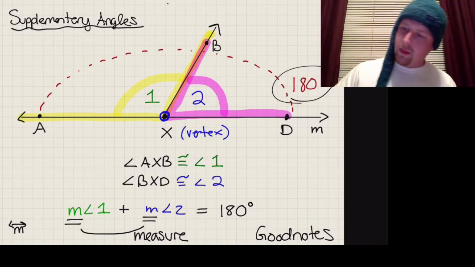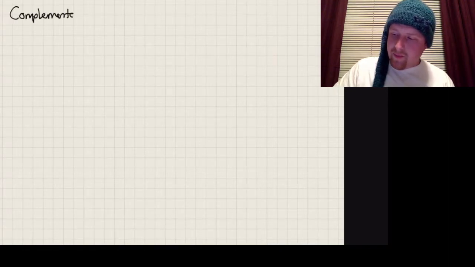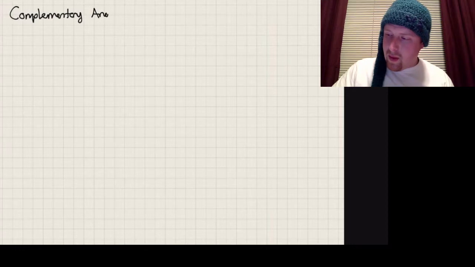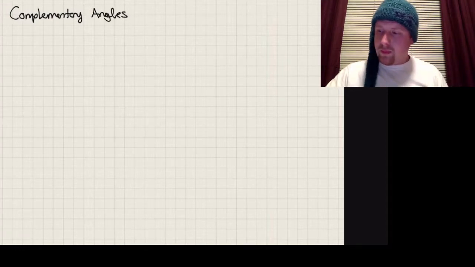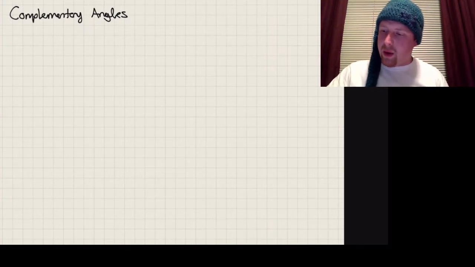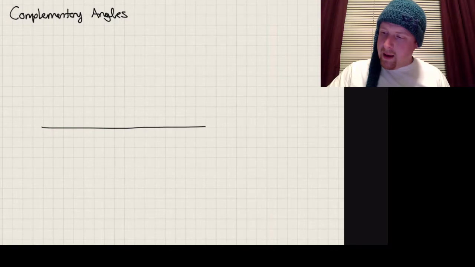Now we're going to deal with complementary angles. And complementary angles are going to have a diagram all of their own. I'm going to go ahead and draw a straight line.